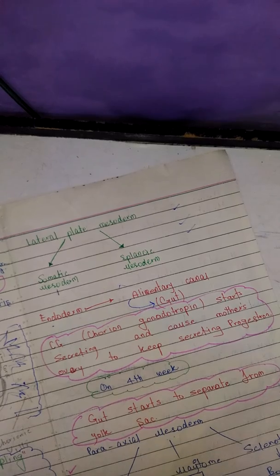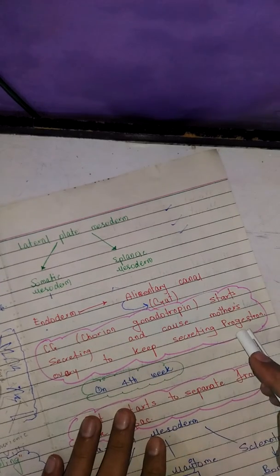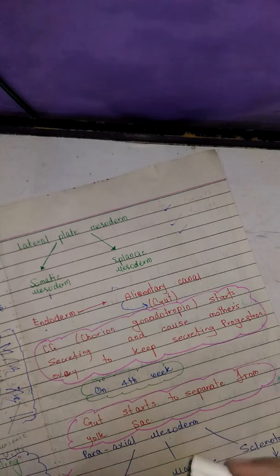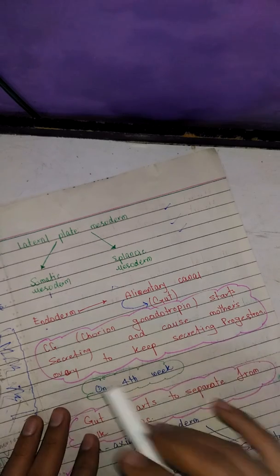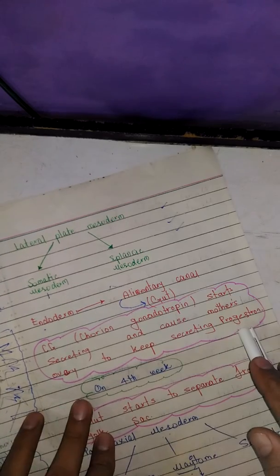This hormone is important in the sense that it will stimulate ovaries to keep producing progesterone, because progesterone is important for the vascularization, for the blood vessels in the placenta to be made. With the passage of time, the blood vessels will be more and more, placenta will get thicker and thicker. So this all is because of this hormone, progesterone, and progesterone is secreted by ovary.